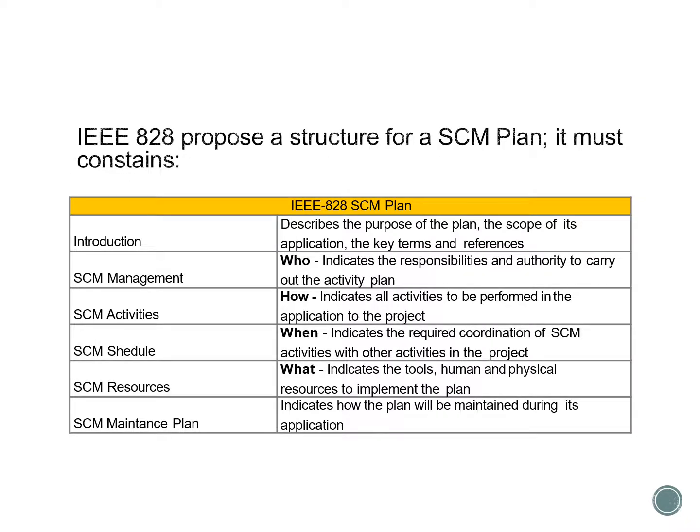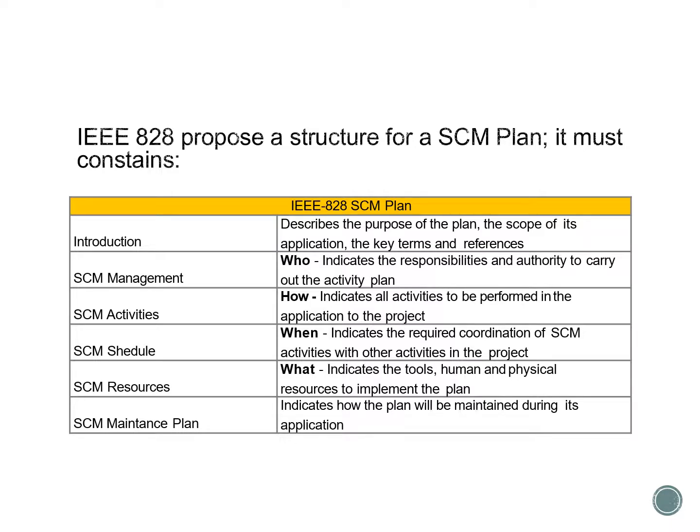And finally, well, there's some other things. Software configuration management activities, software configuration management schedule, and software configuration management resources more or less define who, how, when, and what is done when we are trying to implement these things or doing the configuration management work in a software project.